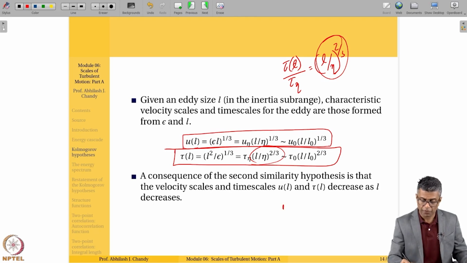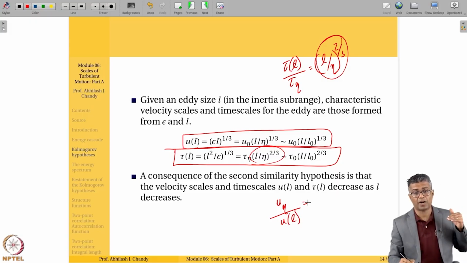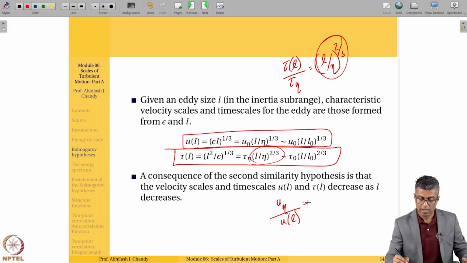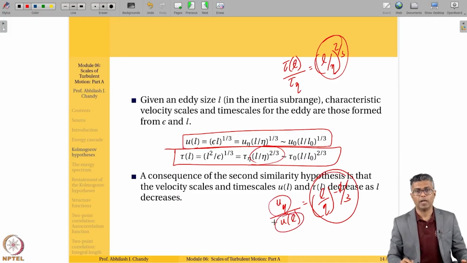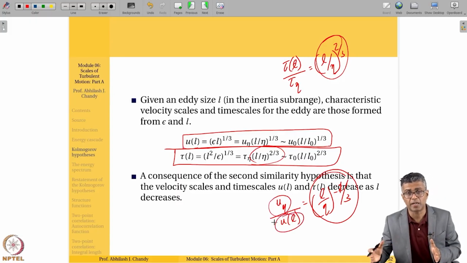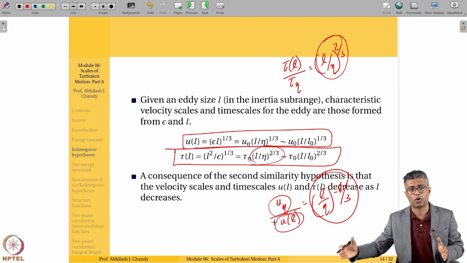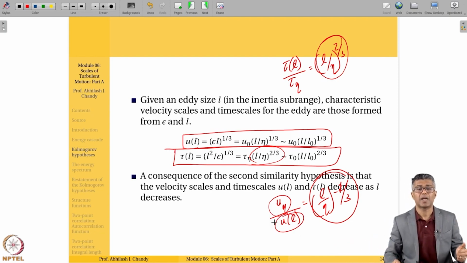For example, if I take u eta over u of L, the Kolmogorov velocity scale divided by the inertial range velocity scale, I will have L over eta to the minus 1/3, a number that is going to be less than 1, which means u eta is less than uL. So as the length scale decreases, when we go all the way to the Kolmogorov scale, your time scale decreases and your velocity scale also decreases.